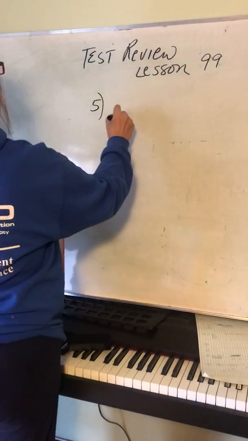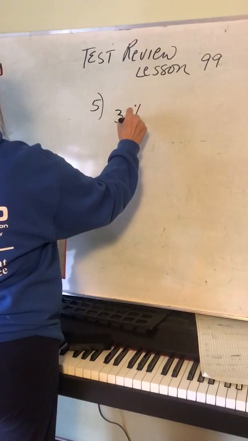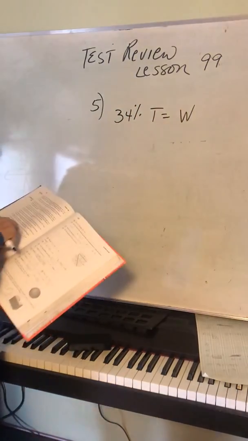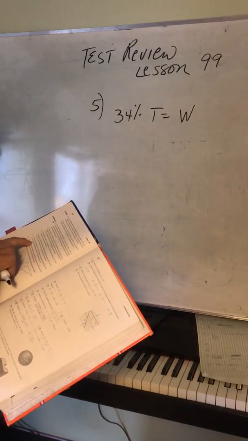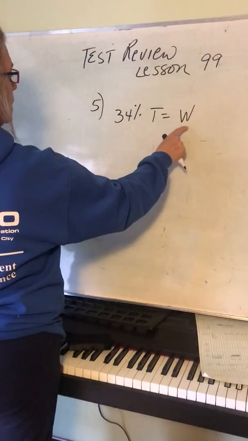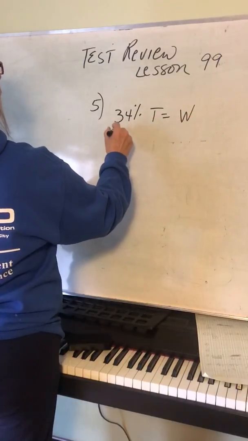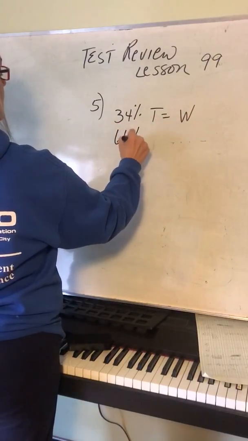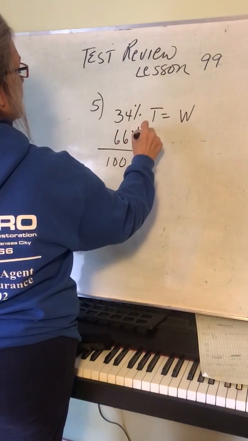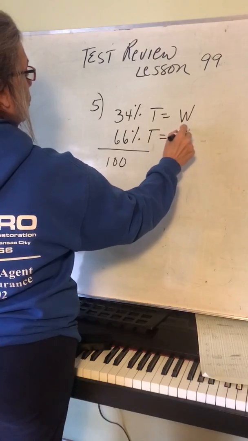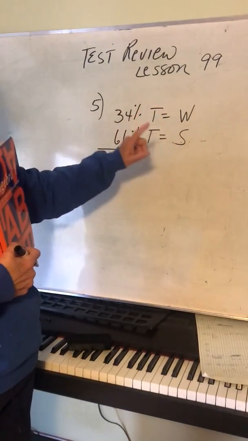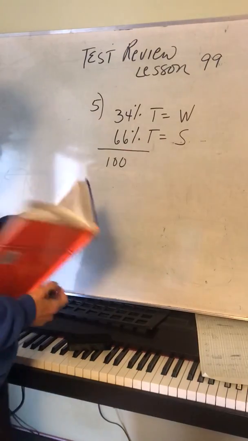So 34% of the total shots winced. And then what else does it say? And the rest were stolid. Well, if 34% winced and the rest were stolid, the difference must be 66%, because that is the 100%, right? So 66% of the total was stolid. So this many winced, that means this many was stolid.